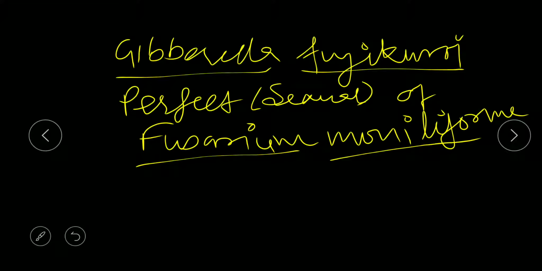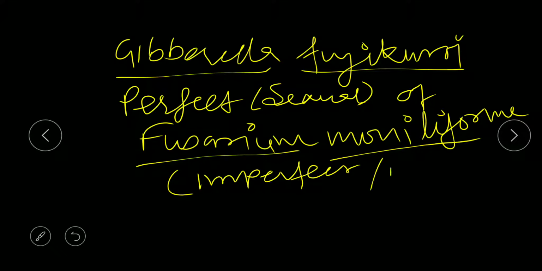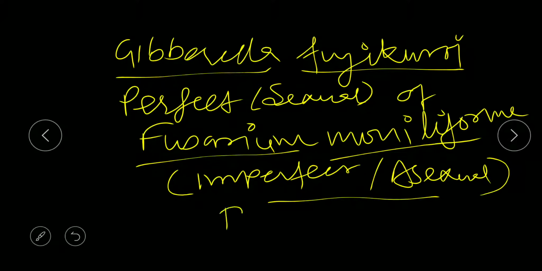This Fusarium moniliforme is an imperfect or asexual state, and it is placed in Deuteromycetes.